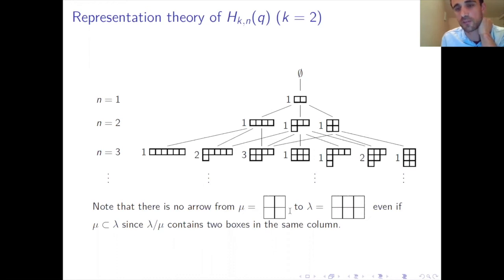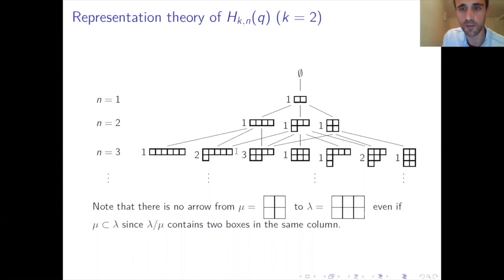So that's the whole description of the representations. You start with this partition. At each step, you add 2 boxes with the restriction that it's forbidden to add 2 boxes in the same column. For example, from here, you cannot go here because the 2 boxes are in the same column. Right, so this gives you the whole representation theory.